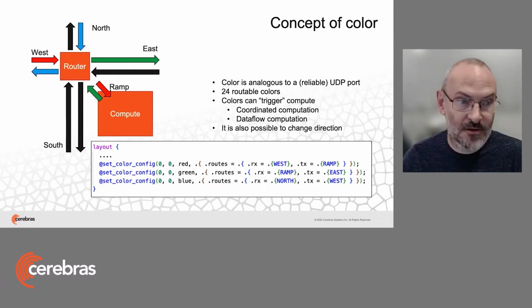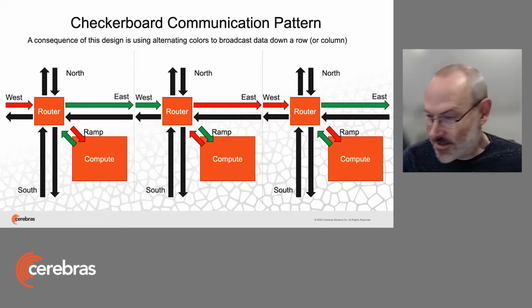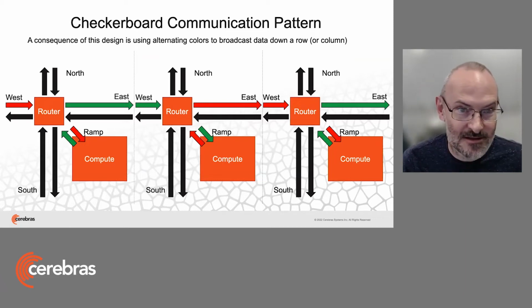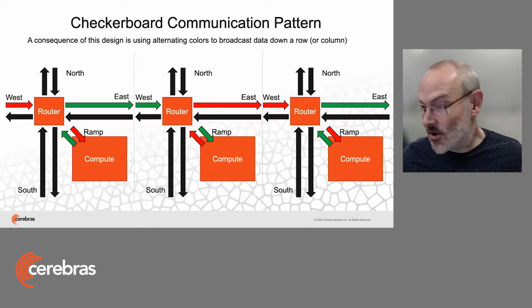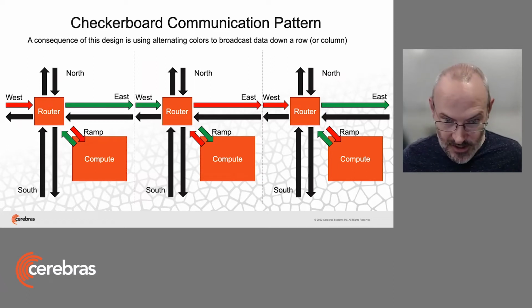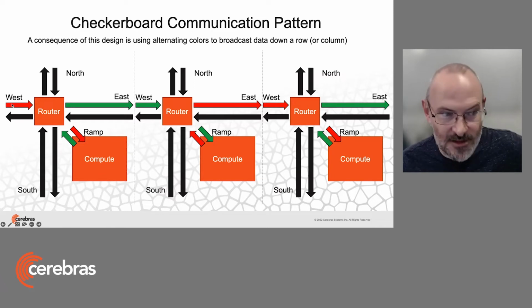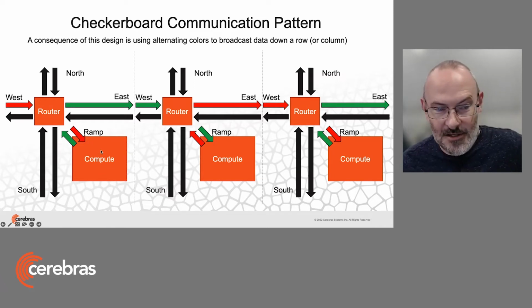Okay, I'm going to jump on to the next slide, and this is the common pattern that gets used when you're trying to communicate between several items. So we have some data here, and we follow it through. You're coming in the west, going down the ramp, doing something, coming back up the ramp, going east, and crossing the boundary into the next PE.